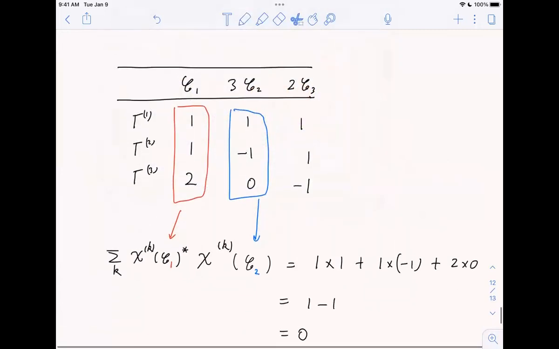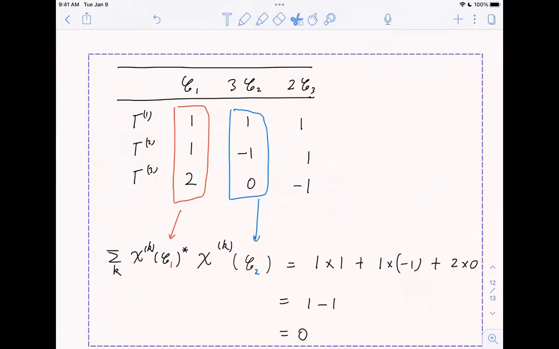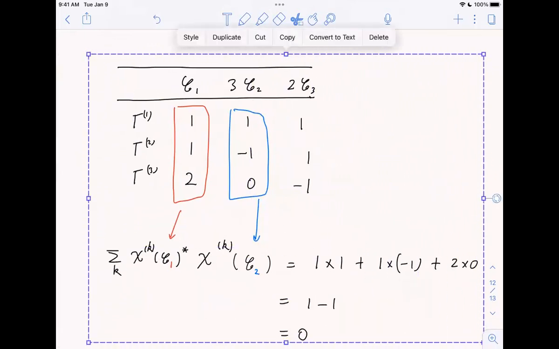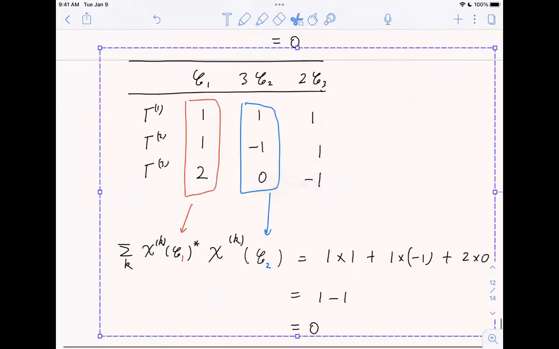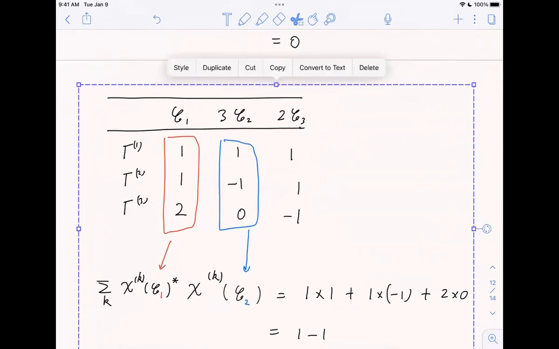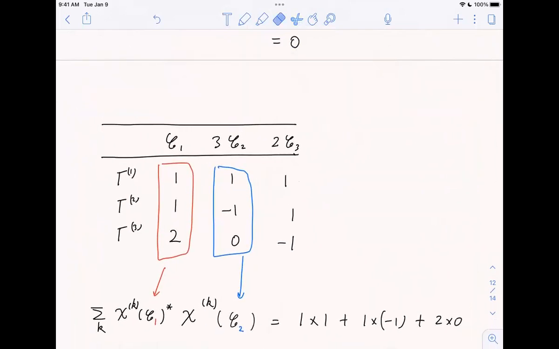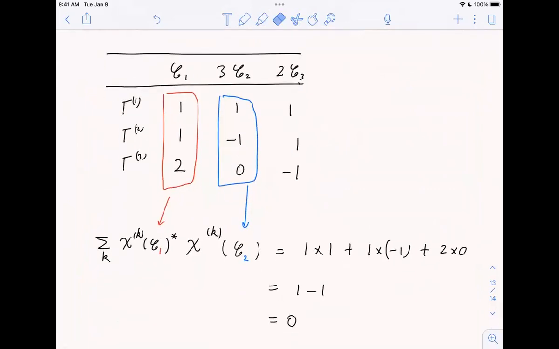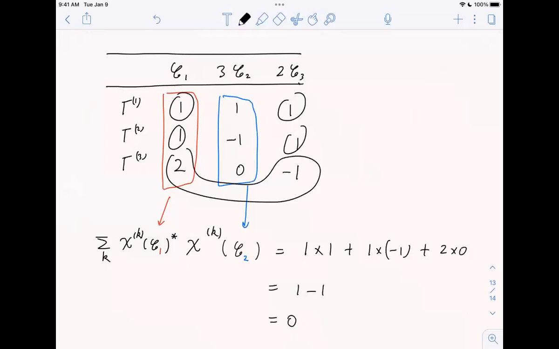So let me just do one more example then. This is relatively simple, so probably I don't need to do it again and again. Because you have 1, 1, 1, 1, then you have a -2 here. It's also orthogonal, so it's pretty straightforward.